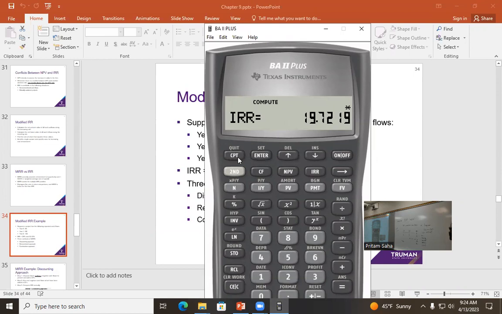Compute 19.72. It should not be the same. Questions so far? Reinvestment approach. The idea in the reinvestment approach is that any inflow in the middle of the project will be reinvested until the end. And then just calculate that out.